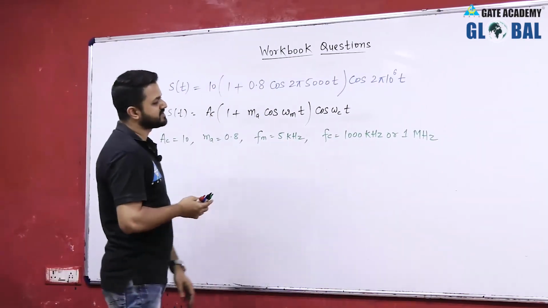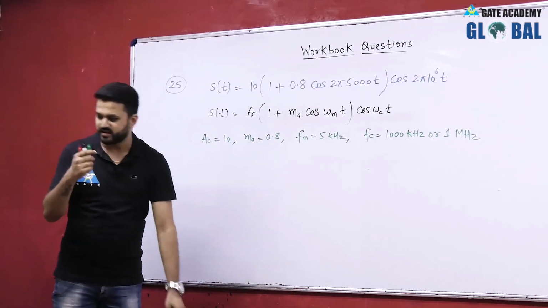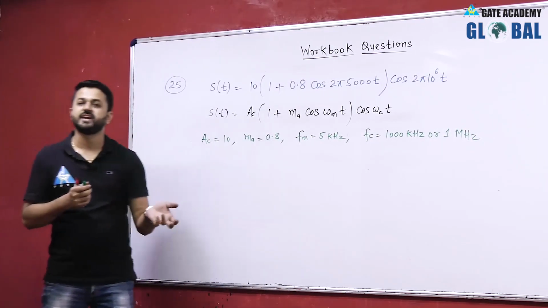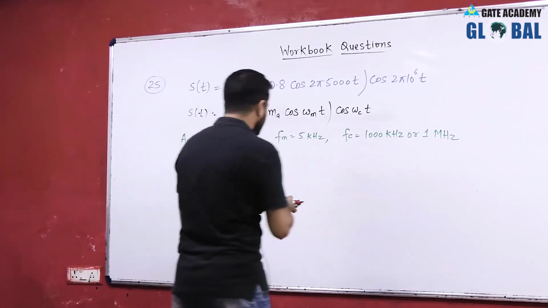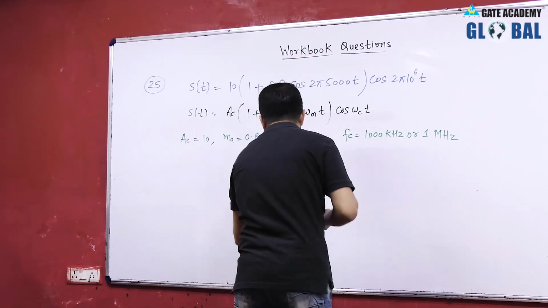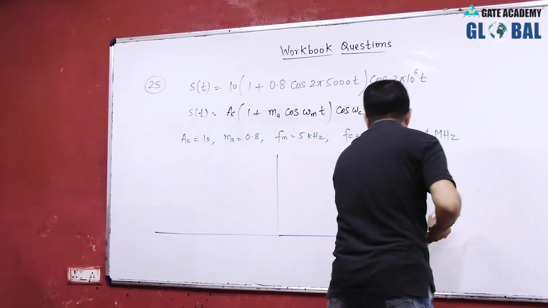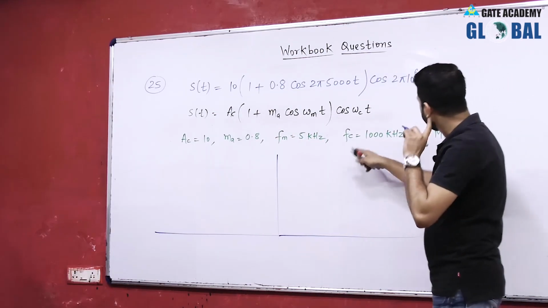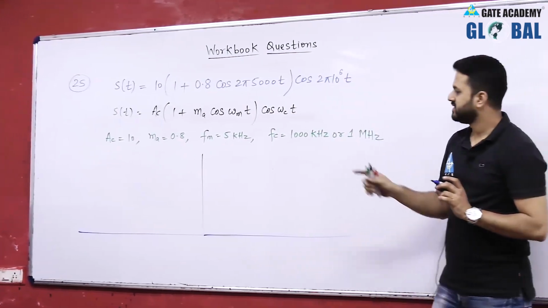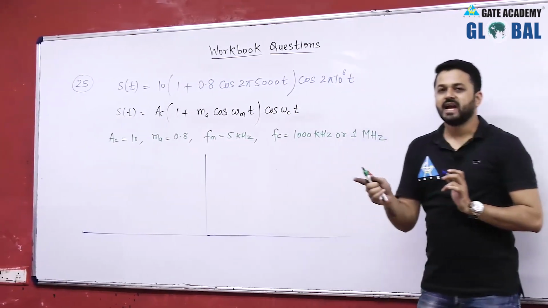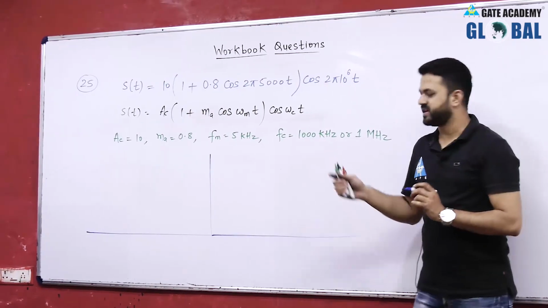So the practical band pass filter has a gain of 0.8 at 1 megahertz, and at 1 megahertz plus 5 kilohertz the gain is 0.5. It means at fc plus fm the gain is 0.5, at fc the gain is 0.8.